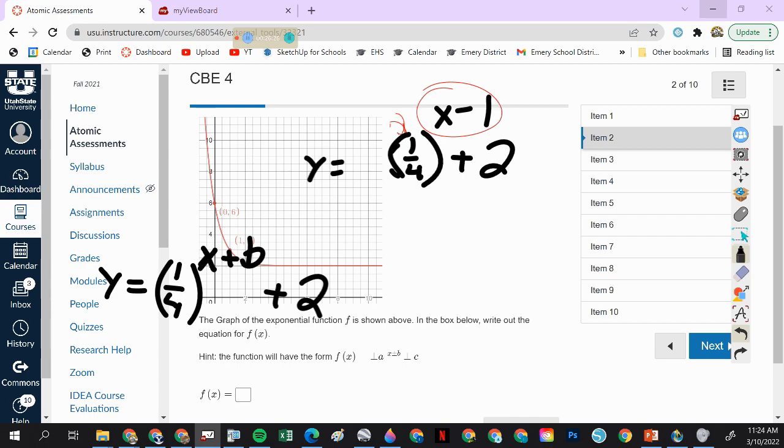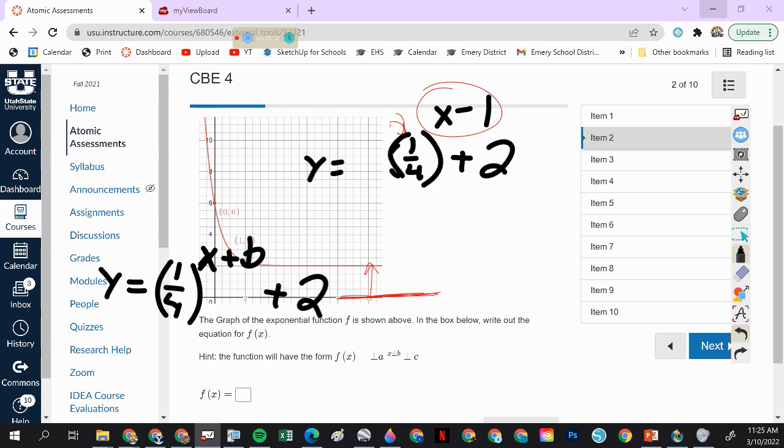Boy, I was all sorts of off the scale. So the number in front of the 1/4 is the y-intercept. With exponential equations, the plus is not the y-intercept. The plus tells you where the horizontal asymptote moved to. So in this graph, the horizontal asymptote started at 0 and it went up 2.